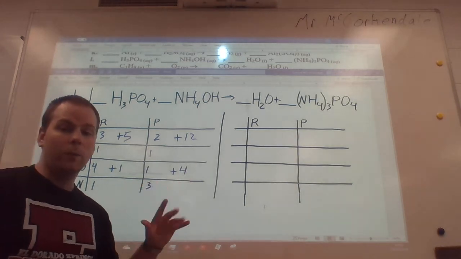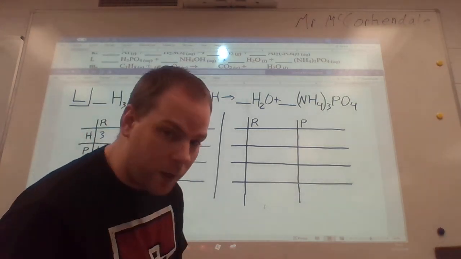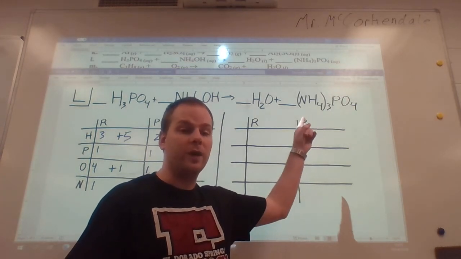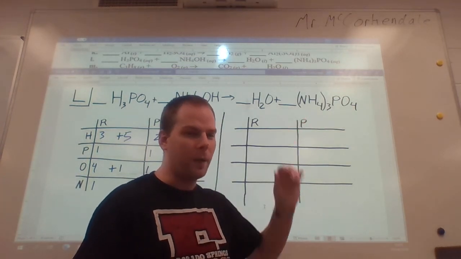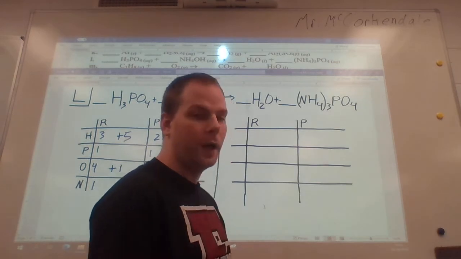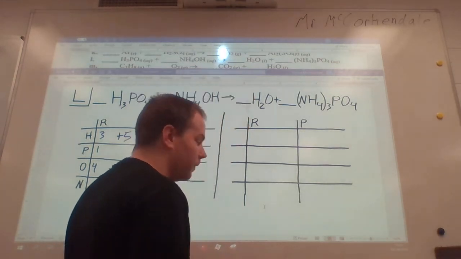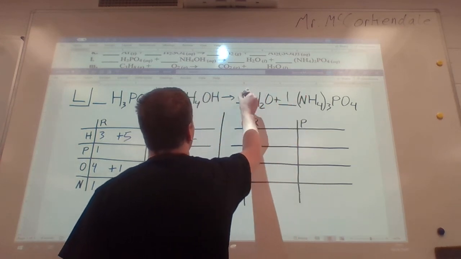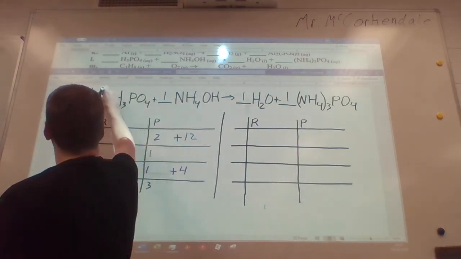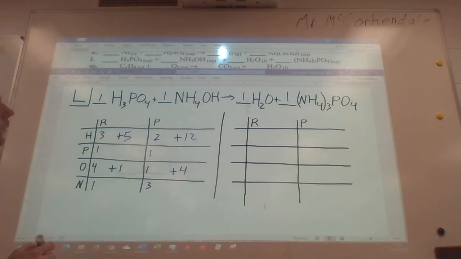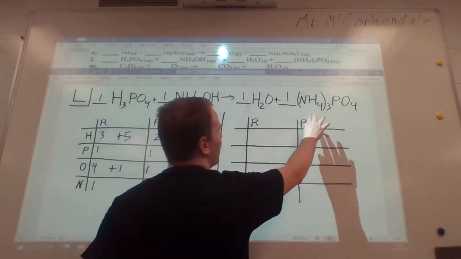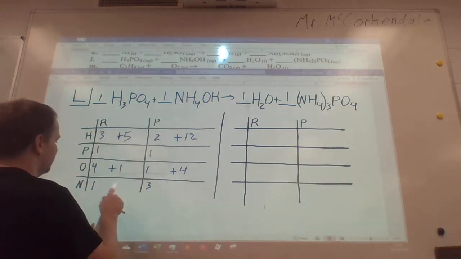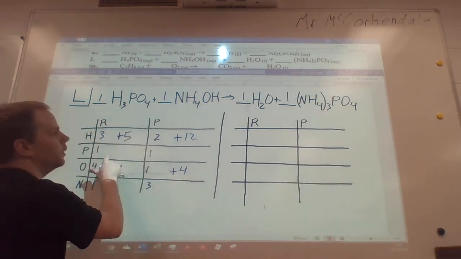Now, other than that, we use the same method that I just gave you on reaction C. We're going to assume that the most complicated one is probably going to be a 1 and balance everything against that. So first off, we need to put our 1s in here. Now, if this is a 1, then phosphorus should be good, because phosphorus is already a 1 on both sides.